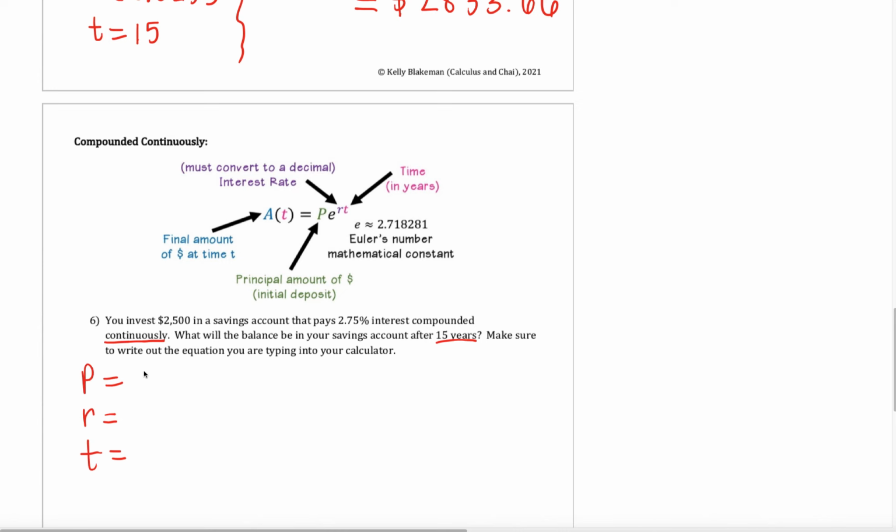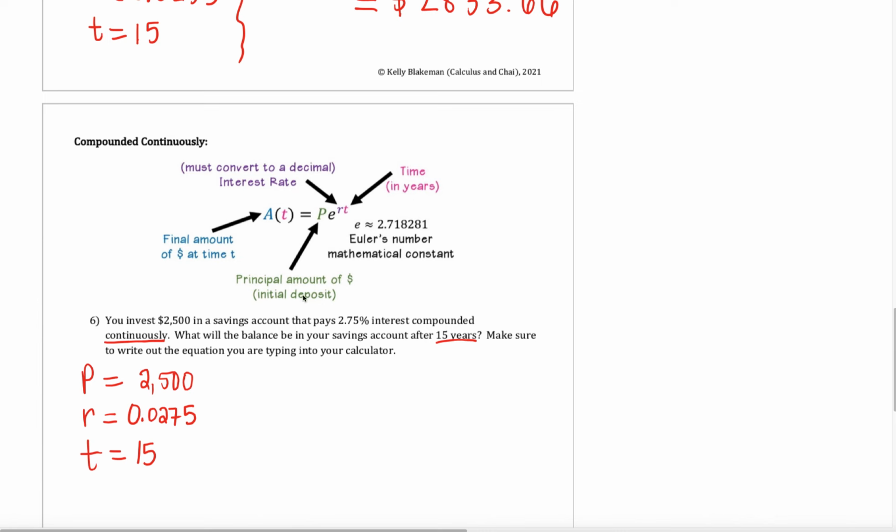Our principal amount that we're investing is $2,500. Our interest rate is the 2.75%, which to convert to a decimal, I'm going to divide by 100, which is the same as moving the decimal 2 places to the left, so 0.0275. And then we're investing it for 15 years.